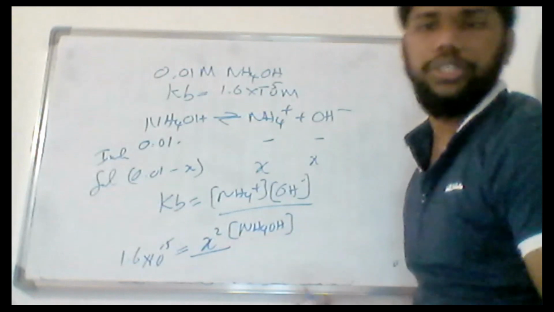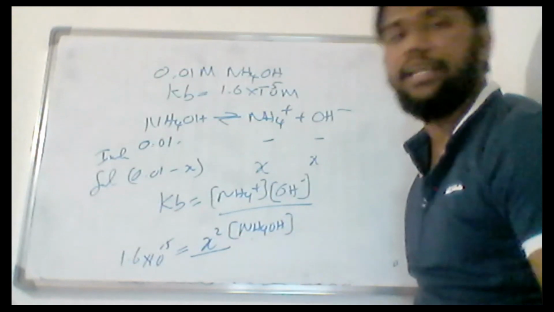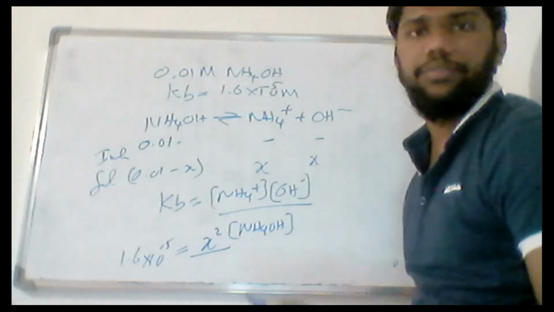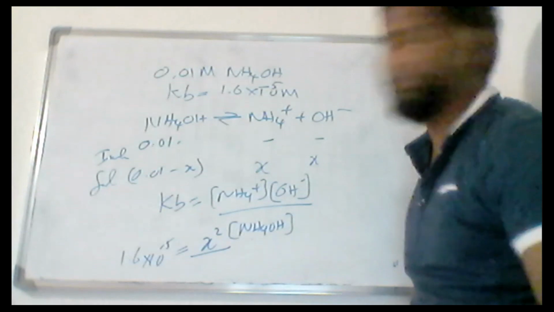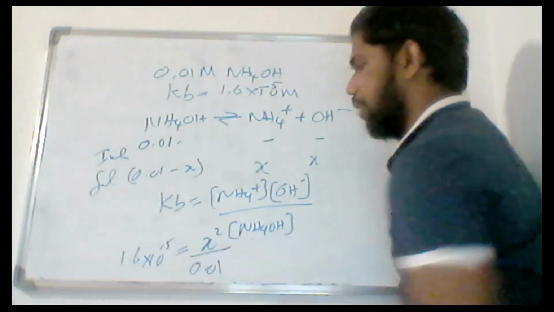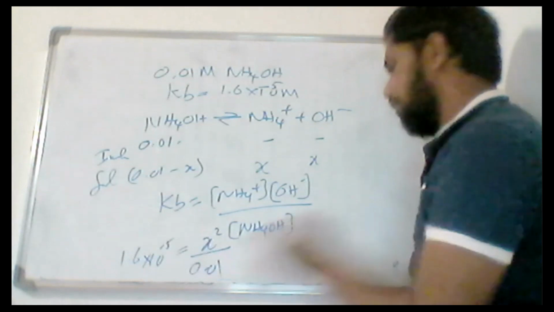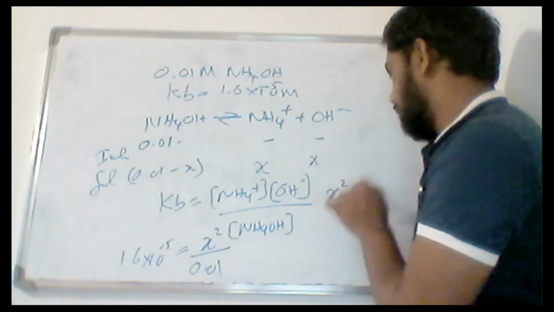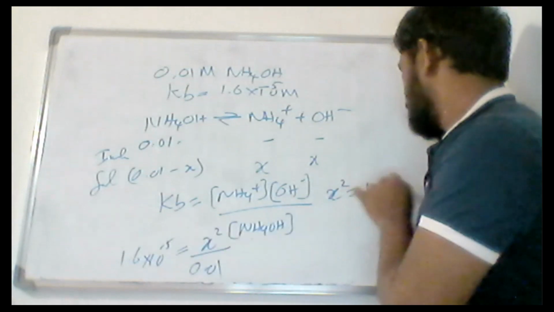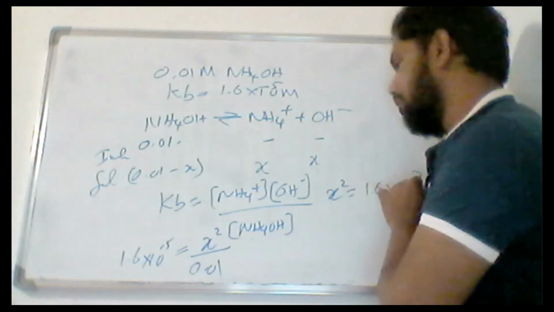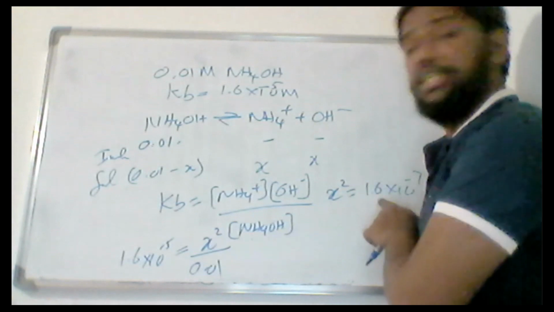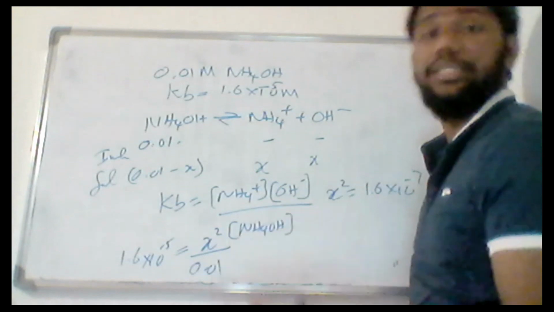You can take this as 0.01, by considering the dissociation x is very small. So this will be 0.01. Based on that, x squared will be 1.6 times 10 to the power -7. So I can put this as 16 times 10 to the power -8.